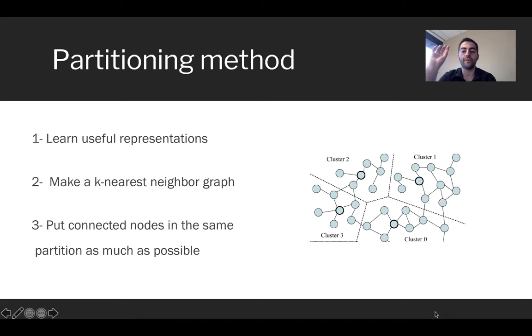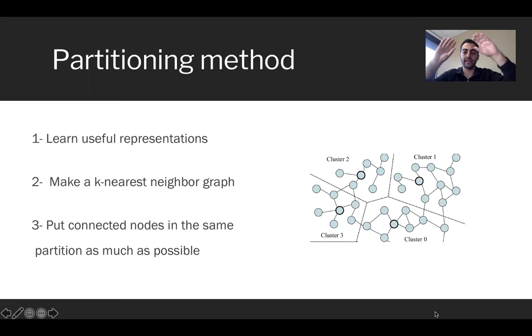For learning a representation, let's say we have a set of images, some of dogs, some of cats, and some of airplanes. We want to learn a vector representation for each image such that images of the same class are closer to each other than images from different classes.